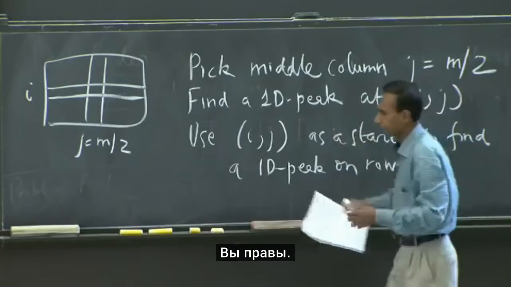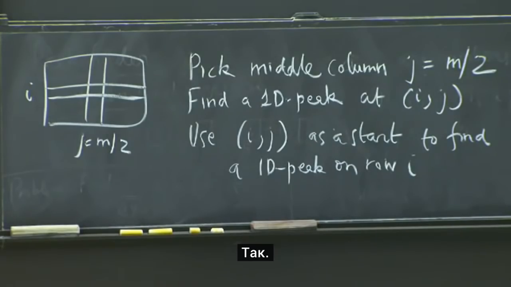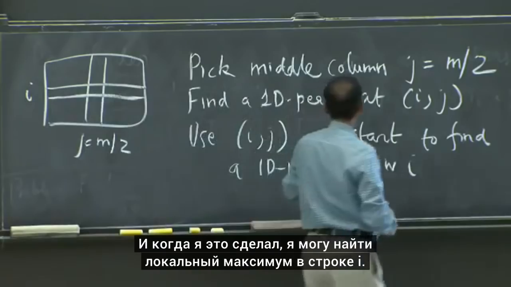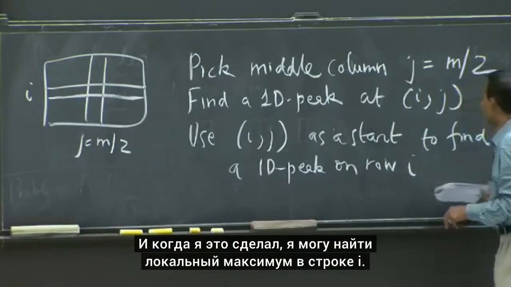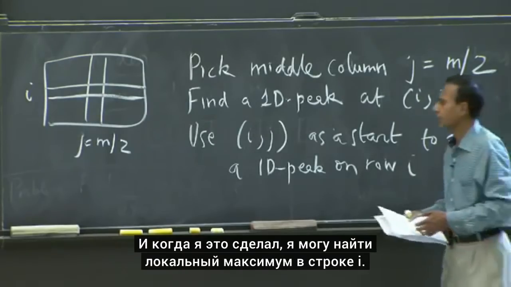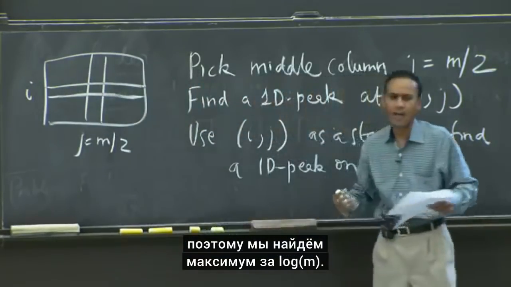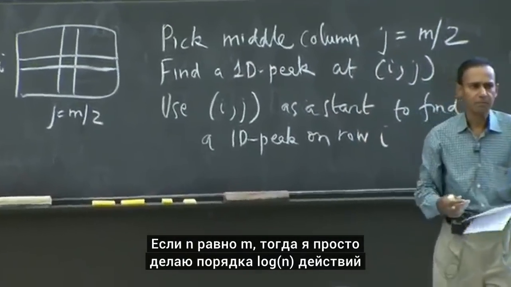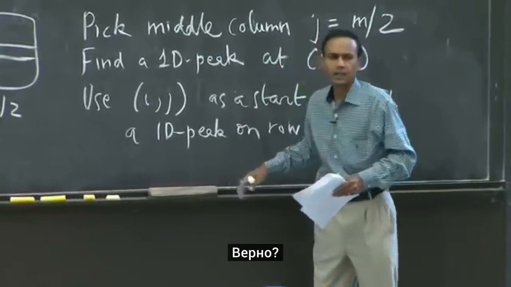Thanks, Eric. And then once I do that, I can find a 1D peak on row i. In this case, the row i would be m wide, so it would be log m complexity. If n equals m, then I have a couple of steps of log n, and I'm done. Right? Am I done?